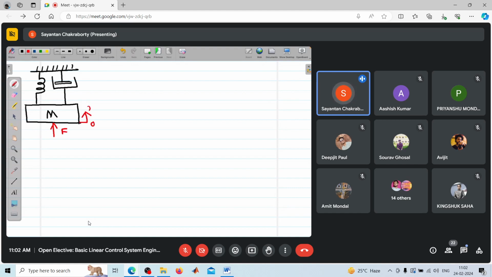This is x equal to 0, x in this direction, and this has a stiffness K and a viscous friction coefficient F. So what I have to do, I have to draw the free body diagram of the mass.